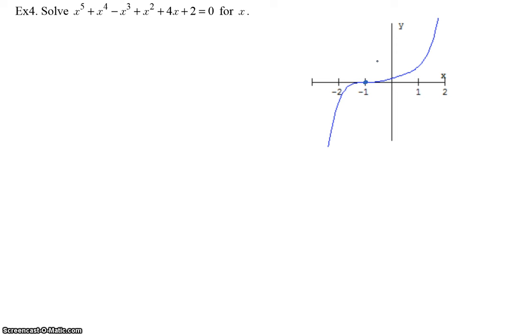What I'm going to do first, to just get a starting point for solving the equation, is to list the possible rational zeros of this fifth degree polynomial using the rational zeros theorem. For that purpose, we need to identify the constant term, which is 2, and the leading coefficient, which is 1.